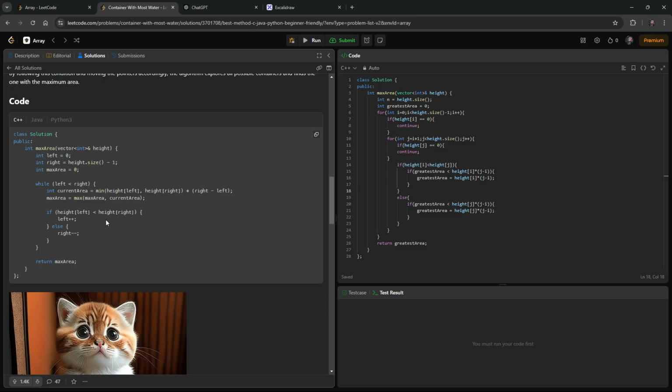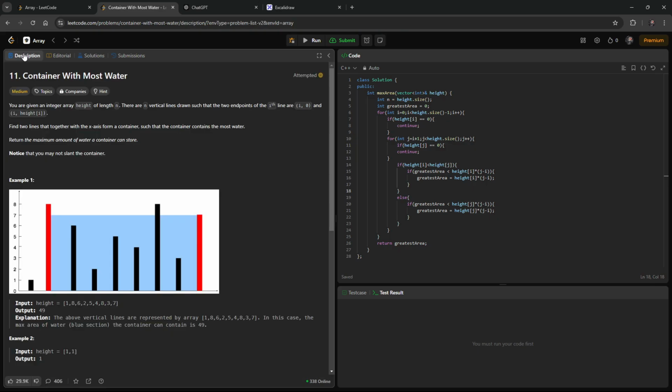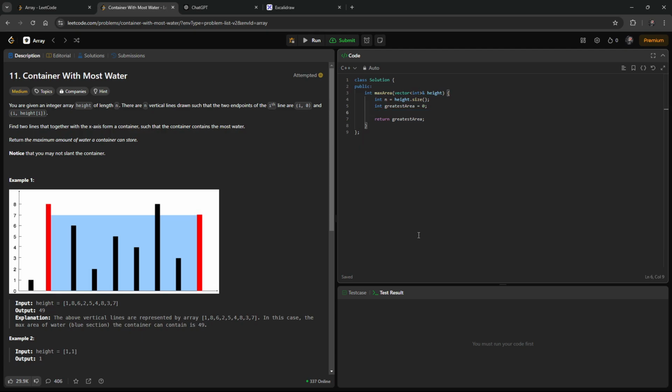Okay. So I don't need this extra loop at all, and it is a while loop.